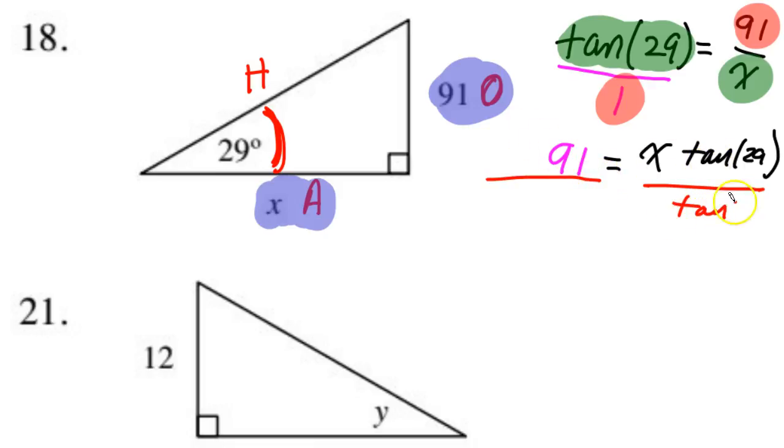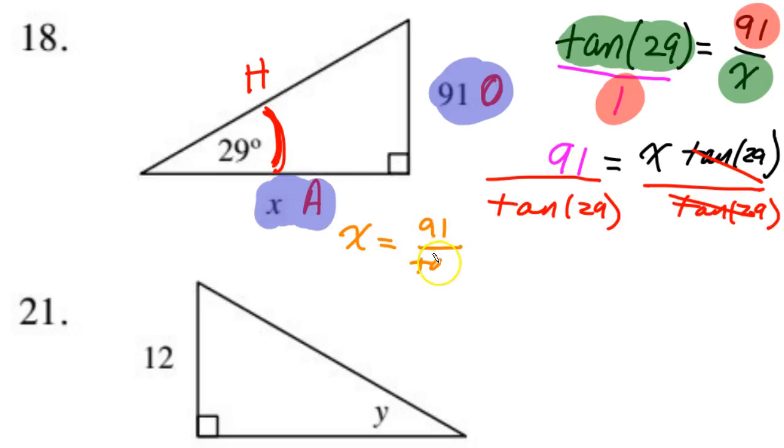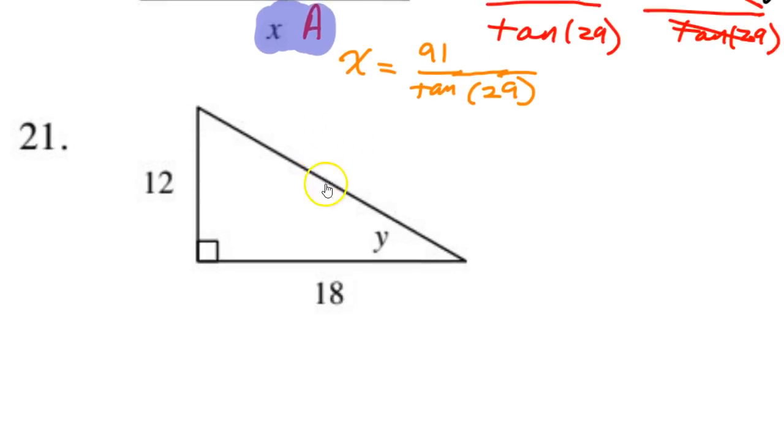So divide by tan 29 on this side. That's going to get rid of this, but that means I have to also come over here and do it. So that tells me that for problem number 18, x is equal to 91 over tan 29. You type that into the calculator and that will then give you your answer. Don't forget to round.